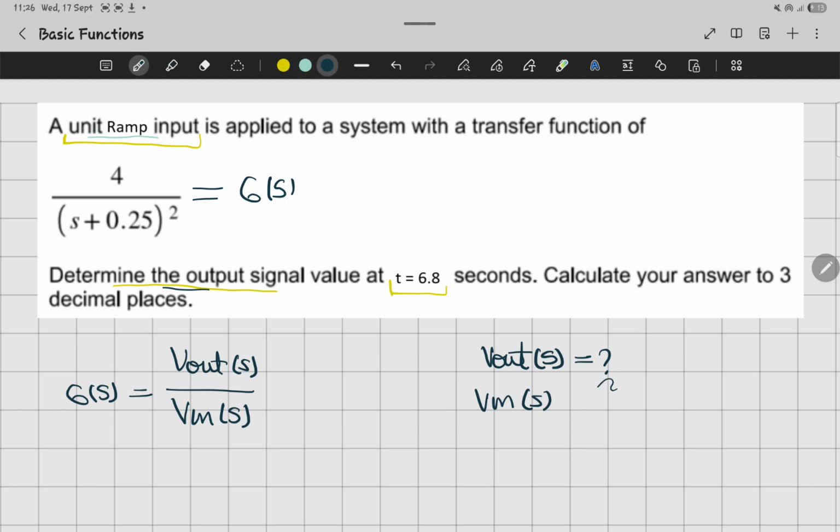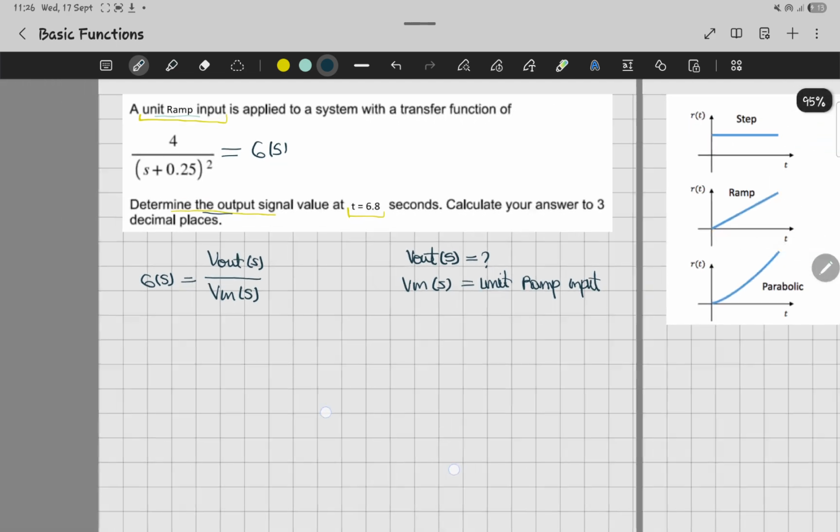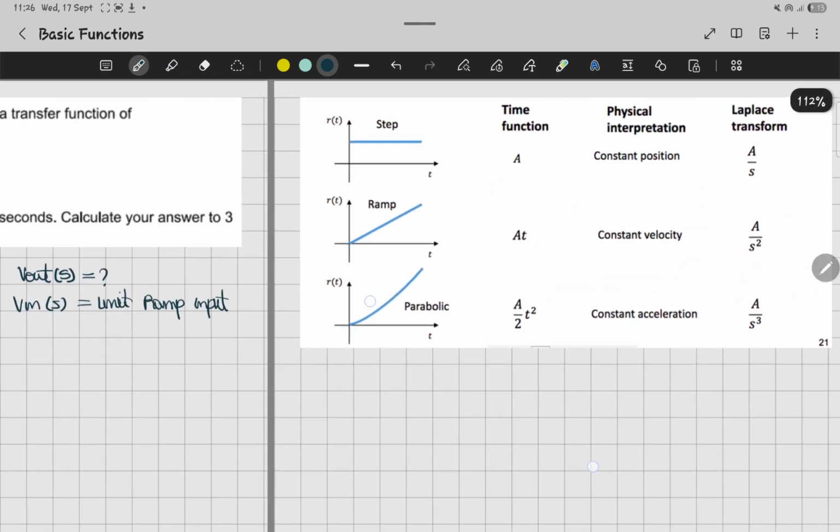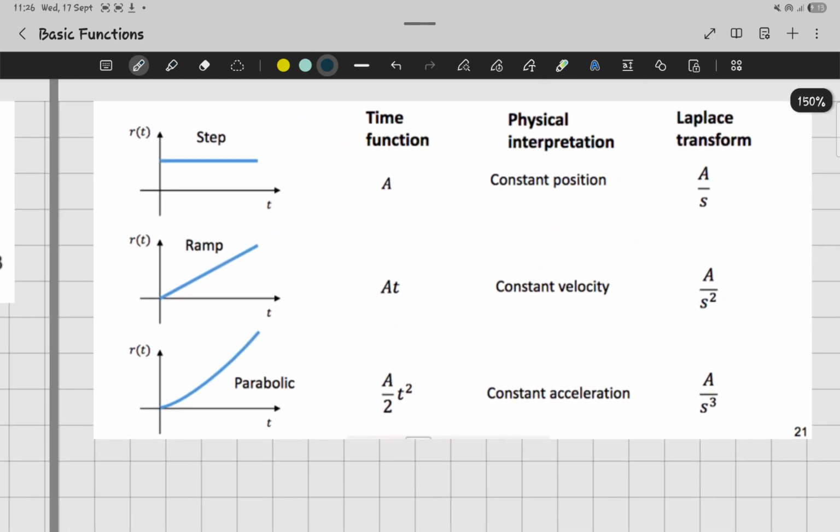What is a unit ramp? It's going to be our input. And you still remember this table? So this is the formula for ramp. This is where you have t, and this is where you got your amplitude.